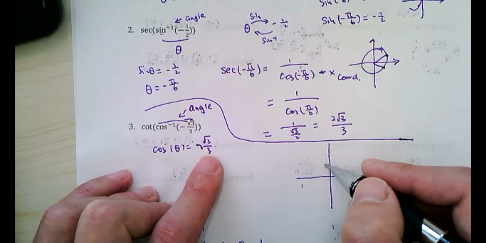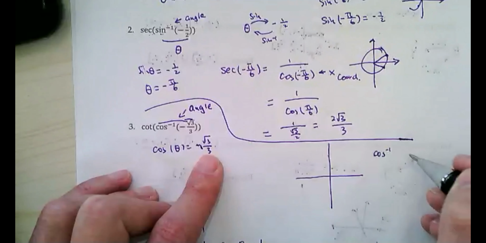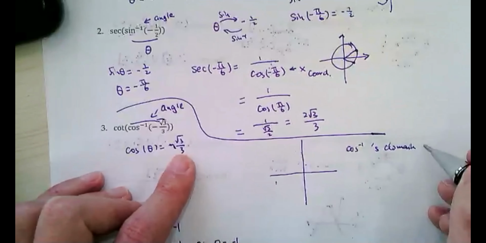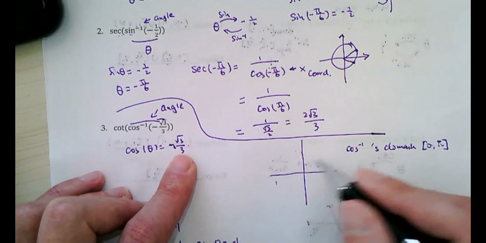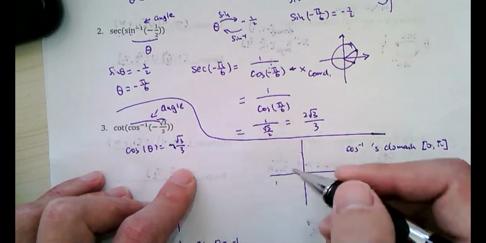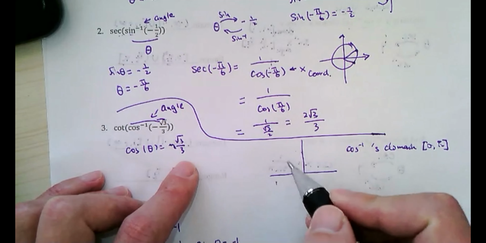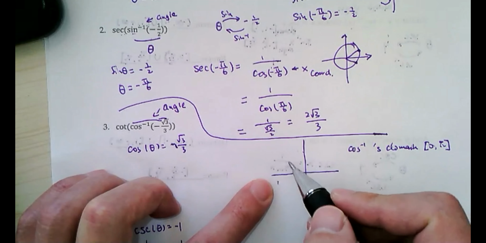It can only happen in the second quadrant. Inverse cosine's range is just 0 to pi. It can only take the first quadrant to the second quadrant. Only the second quadrant has the x value which is negative.